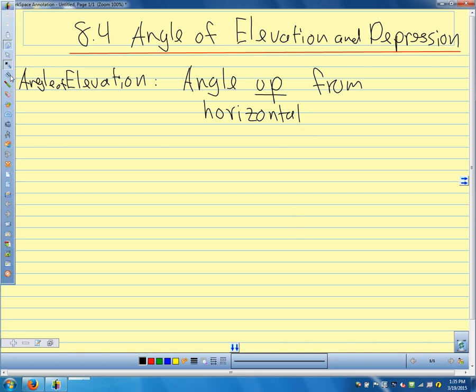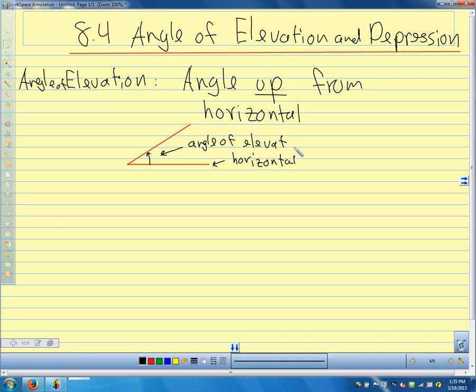Angle up from horizontal. So if we draw a picture, it's an easy idea. So this is our horizontal line. And this is the angle of elevation, going up from the horizontal. So it's a way of setting up angles.